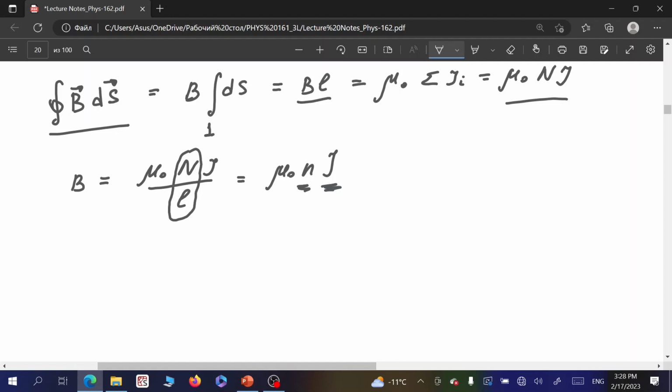Okay, so now let us introduce the concept of magnetic field flux, which is important because that is the first step towards induction, which we will consider next week. So we need to operate with this parameter.